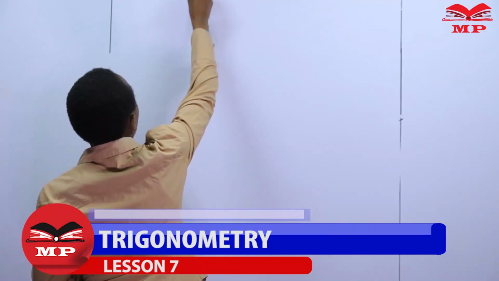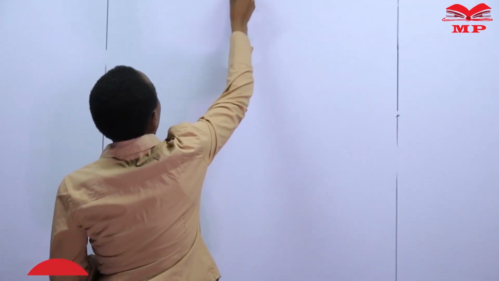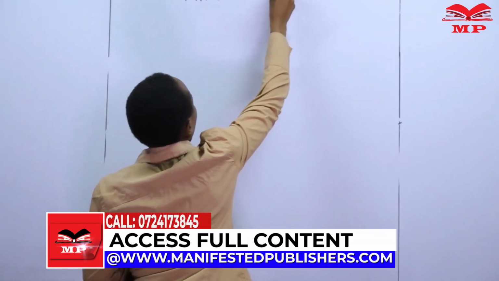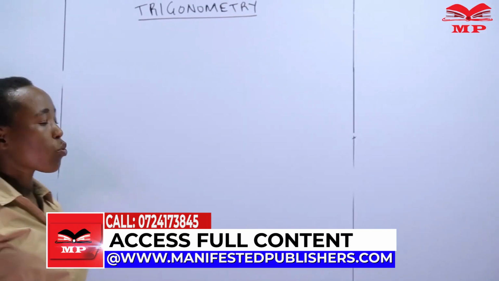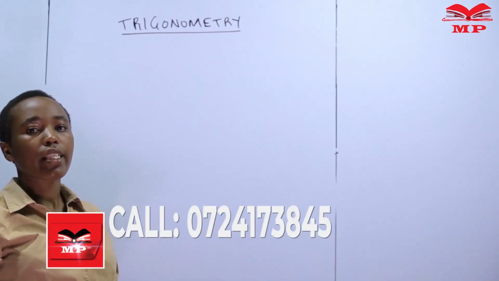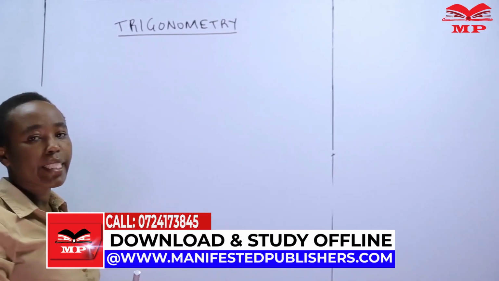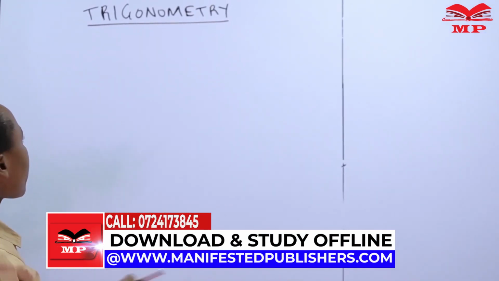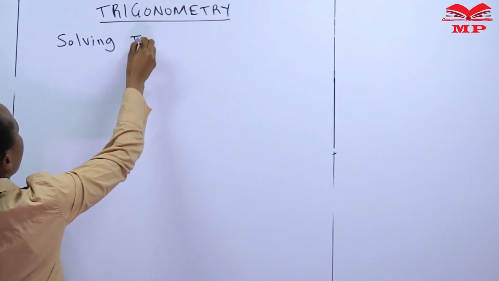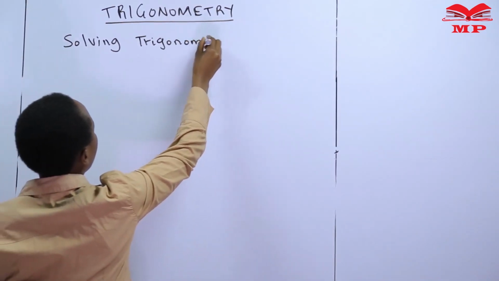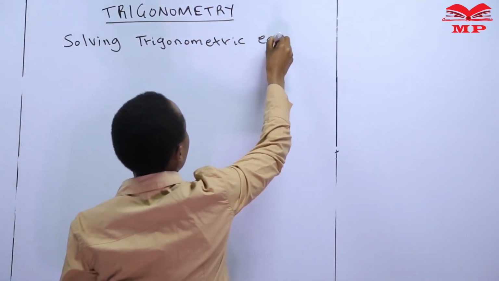Welcome to this lesson. That's mathematics lesson. I'm Purity and Zelimo. Our topic is still trigonometry, and in this lesson we are going to deal with the last bit in this topic, that is trigonometry 3, and our last bit in this is solving trigonometric equations.